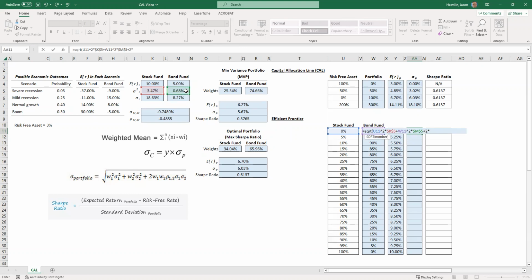Plus 2 times the weight of the stock fund times the weight of the bond fund. I'm going to go ahead and just punch it in. Sure everything is okay. Times the correlation between them two.